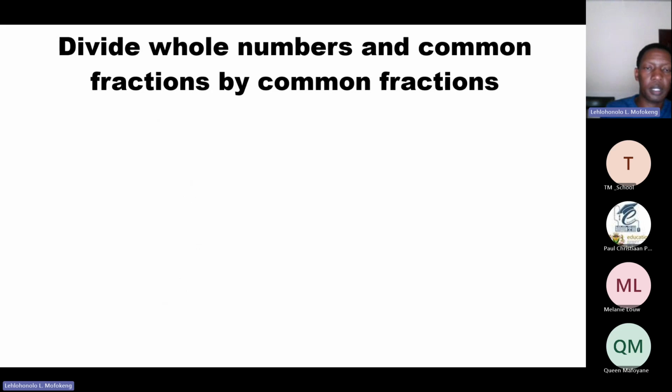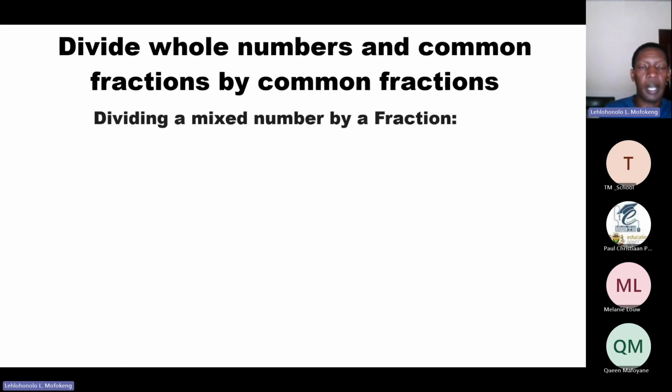And then the third skill under this is dividing a mixed number by a fraction, right? Here a mixed number is divided by a fraction. So for us to divide, we must ensure that we change the mixed number to an improper fraction first.